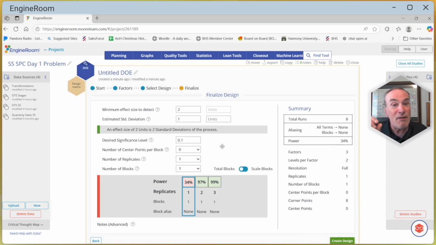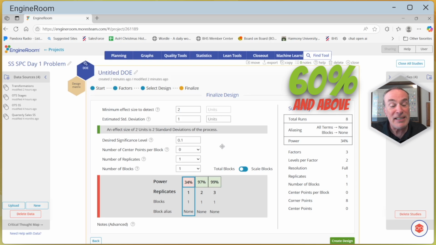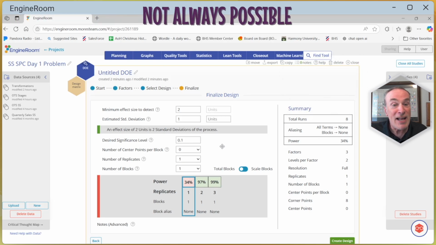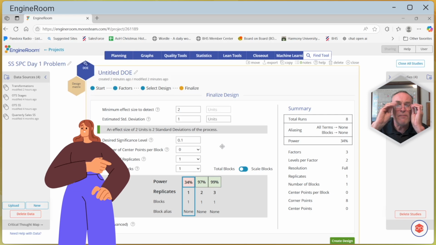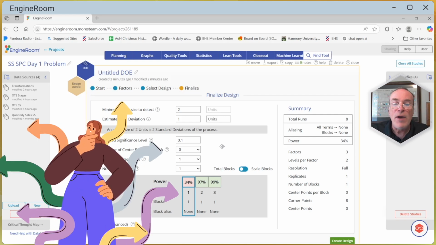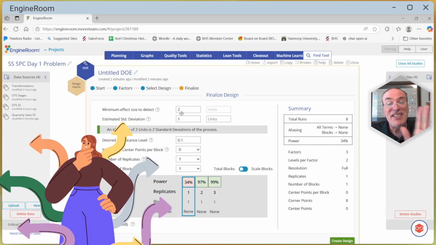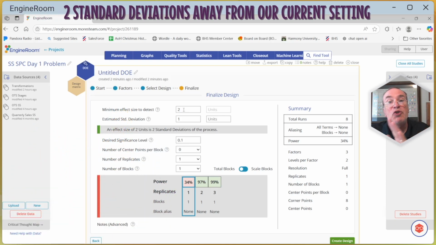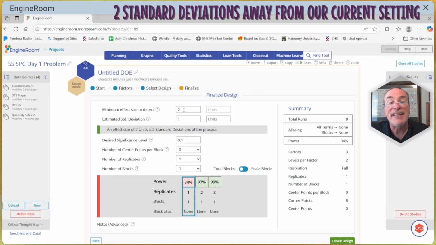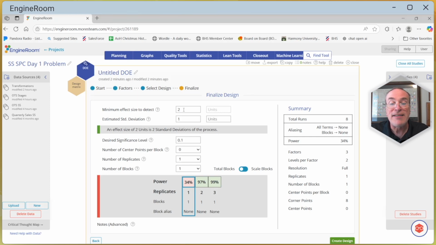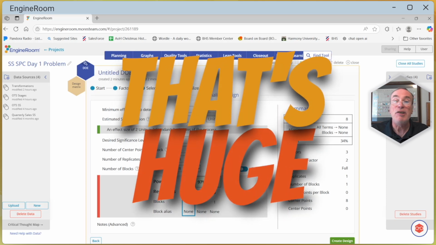Typically, I like power at 60% and above when I'm running experiments, but that's not always possible. So, what are my other options? Well, right now, the default is set up to measure two standard deviations away from our current setting. So you might say, that's huge, Kevin.